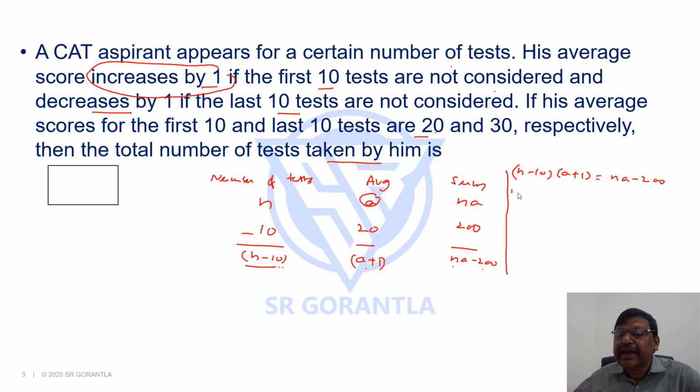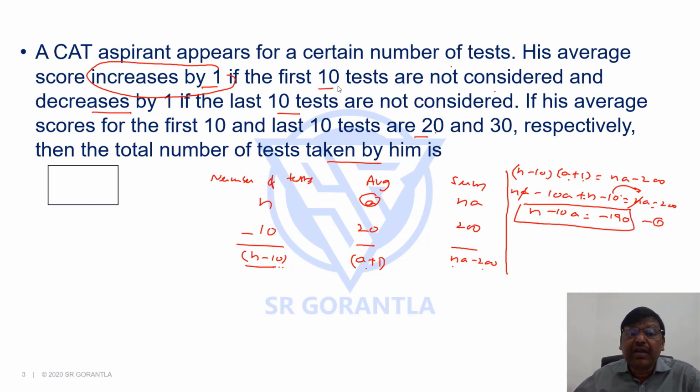If I multiply this, NA minus 10A plus N minus 10 equals NA minus 200. You can see NA on both sides, you can cancel. What we have here is N minus 10A equals, this minus 10 comes to this side, plus 10, so minus 200 plus 10 is minus 190. This is one equation. Let it be there.